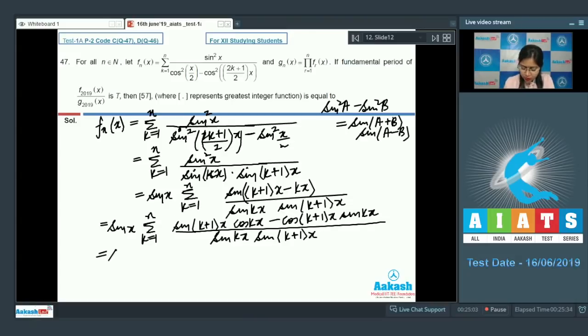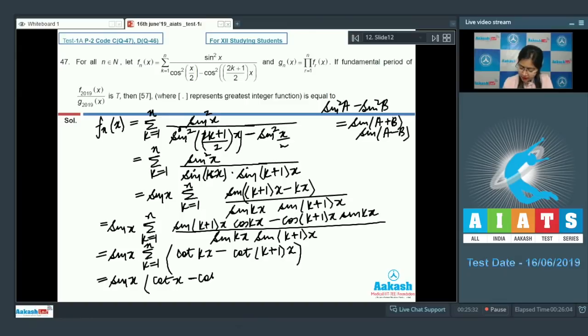So this is equal to sin x multiplied with summation of k from 1 to n, and here we have cot of kx minus cot of ((k plus 1) into x). Right? Now, if we put k from 1 to n, we will get it equal to sin x multiplied with cot x minus, putting here k equal to n, cot of ((n plus 1) into x). So this is what we get from here.